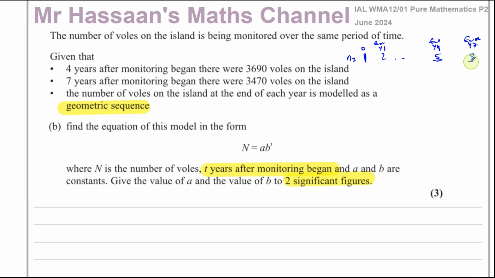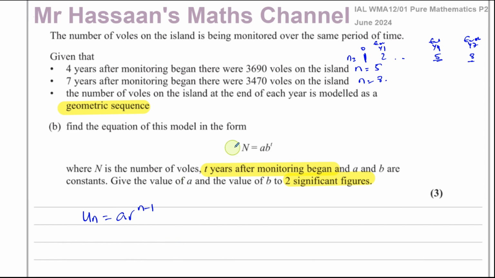The value of n in our formula is going to be 5, and the other one is going to be 8. So this is n equals 5, and this is n equals 8. Right, so we have the geometric formula Un equals a times r to the power of n minus 1.